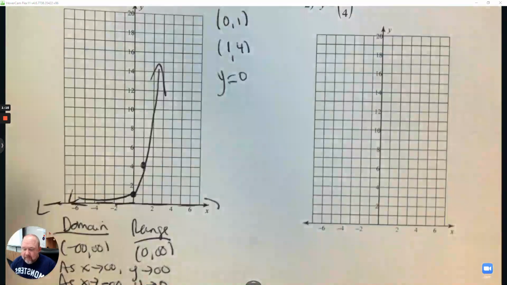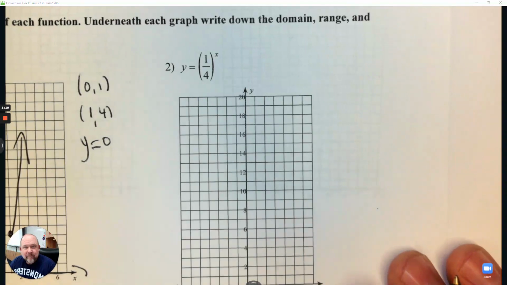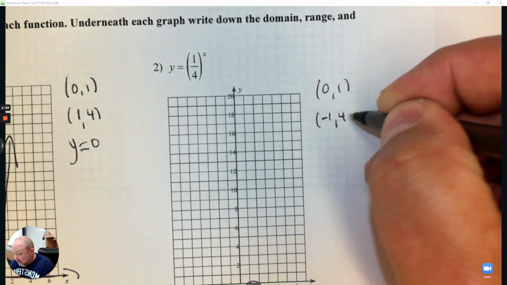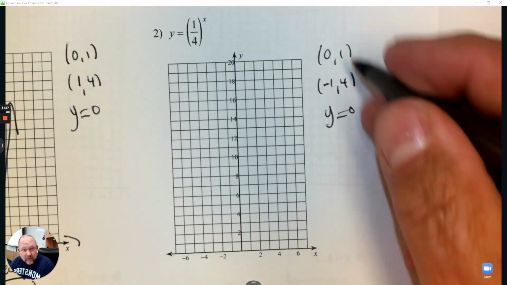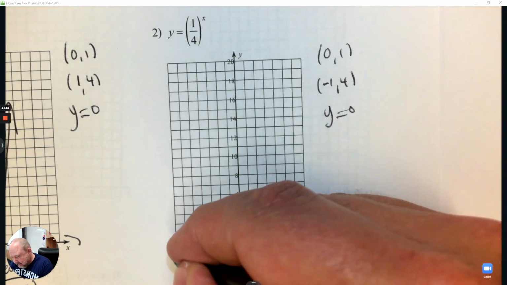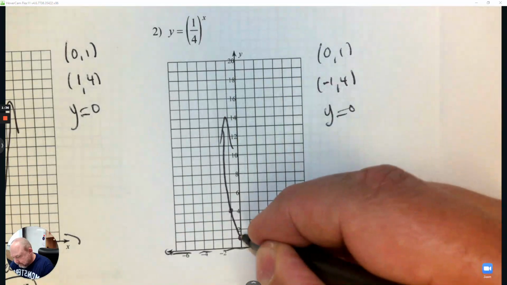All right, why don't you try number 2? Press pause. For number 2, the 2 points are going to be 0, 1, but now it's going to be negative 1 and the reciprocal with y equals 0. So we're going to graph this and the asymptote. I'm going to curve it.